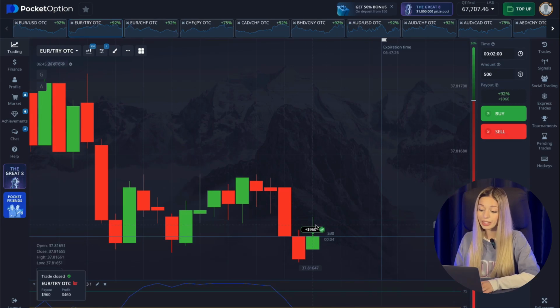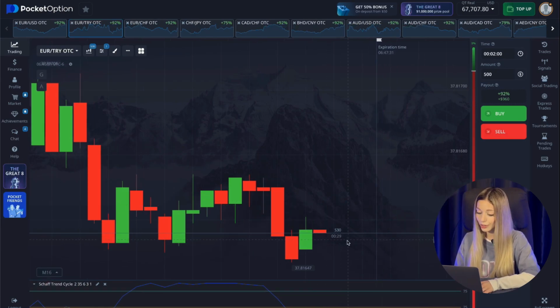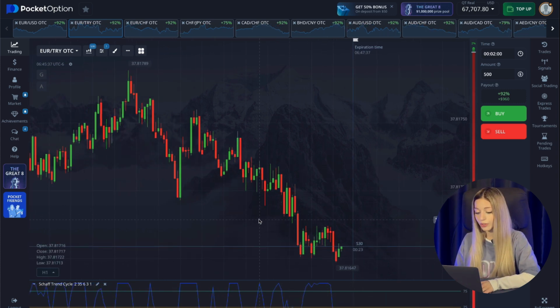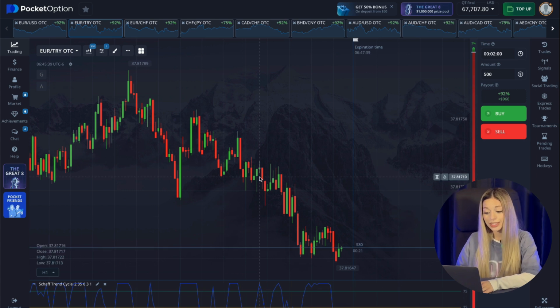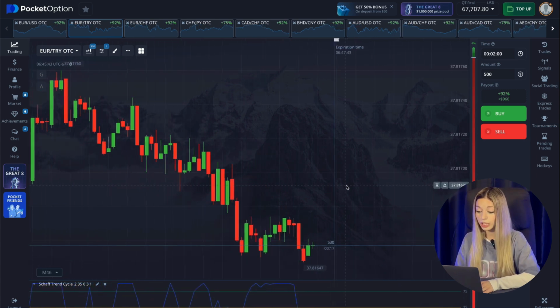Even if we hit a support level now, our expiration time should be enough to lock in profit on this trade. And there it is, our first trade closes in the green, and pretty nicely too. We could go long now to catch more cycles, but I don't want to stick to just one trend for these demos, so I will pick another currency pair for you and we'll keep going.